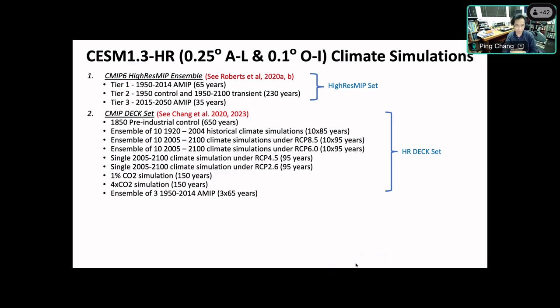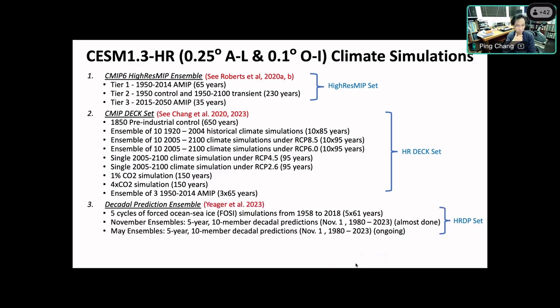So that's the set that's been completed already, and we're currently expanding the AMIP ensemble size. We also want to make the AMIP ensemble 10 members, so that we have a more complete simulation. In addition, we also did a decadal prediction ensemble, which has 2 components.